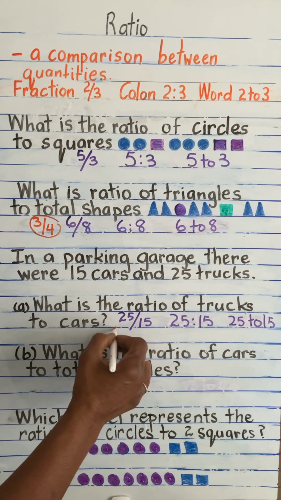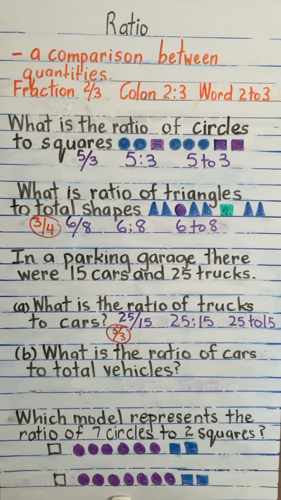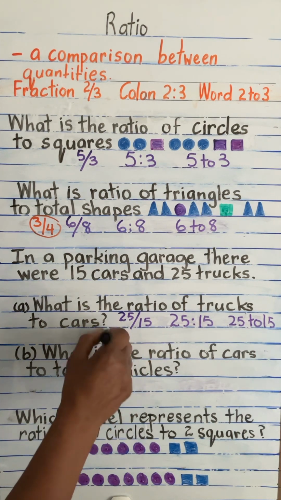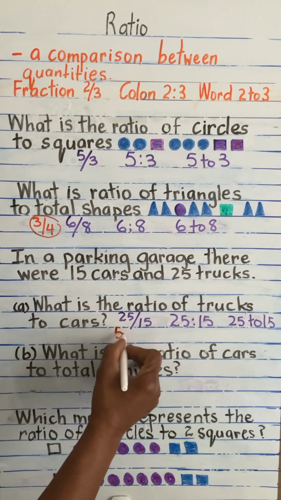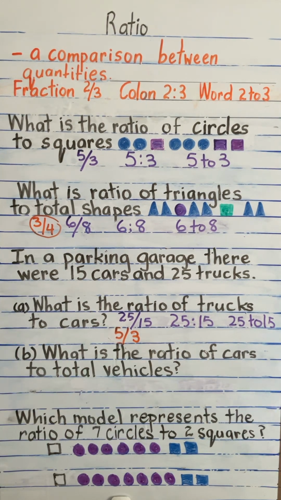So that would be 5 over 3. That would be the lowest terms. Let's write this a little bit clearer. 5 over 3. That's better.